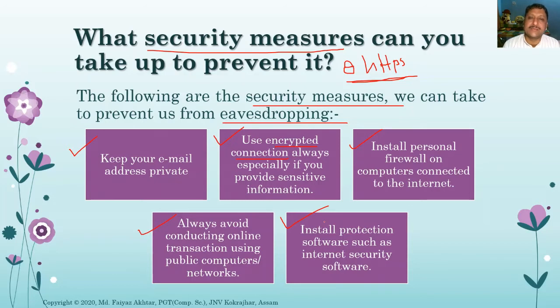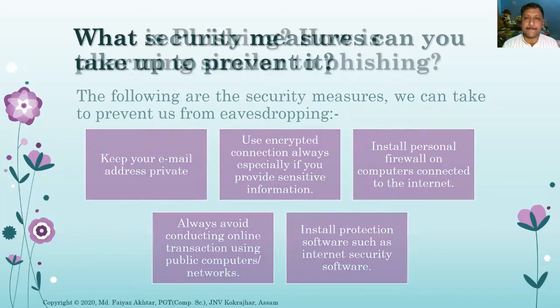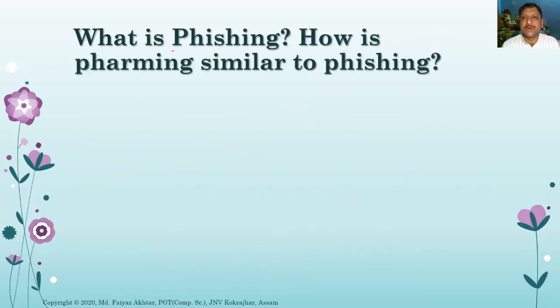So many threats you can prevent by installing antivirus software. This is a must. While using the internet on your computer or your mobile system, you must install antivirus software.